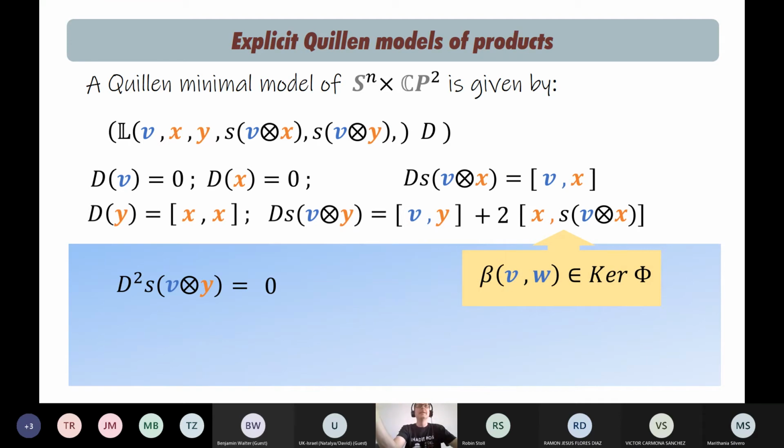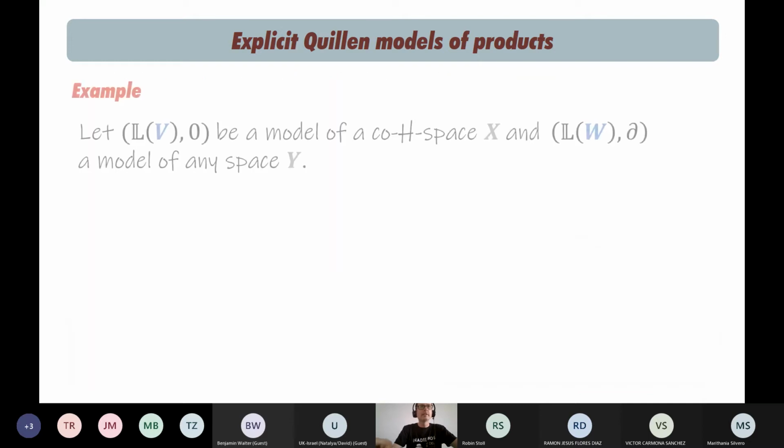So these are examples. But there is only one situation in which we have seen a formula previously, which is in the case in which X is a co-H space and Y is any space. Let's see. A co-H space rationally is a wedge of spheres, and its model is simply a free Lie algebra with 0 differential.